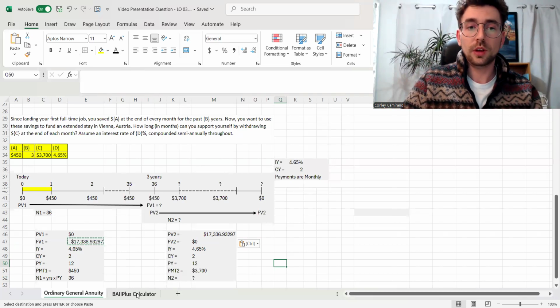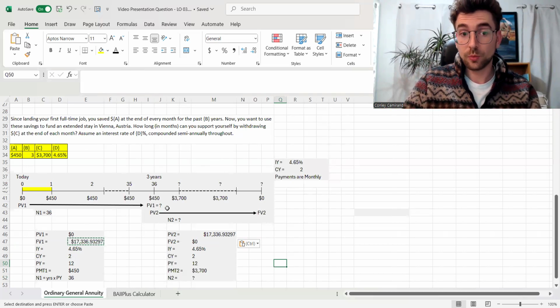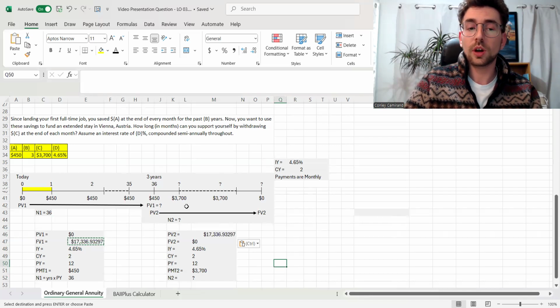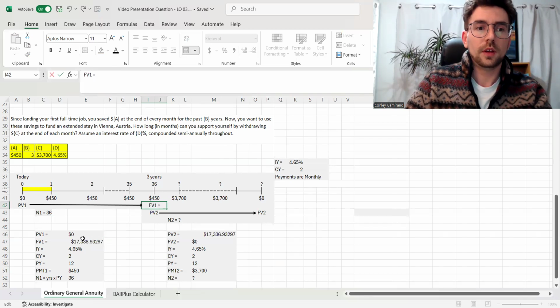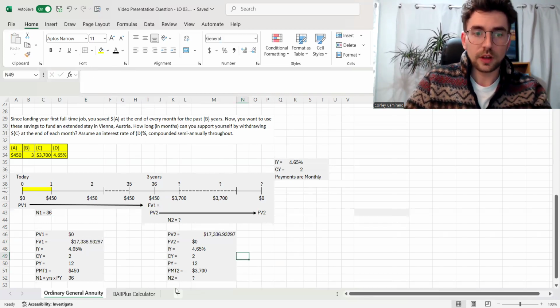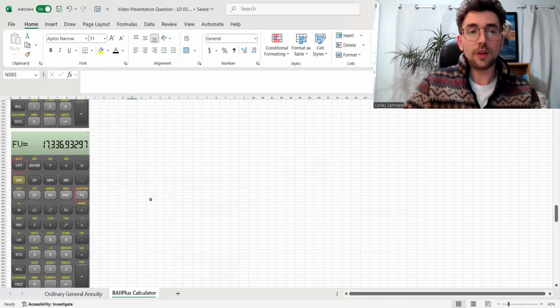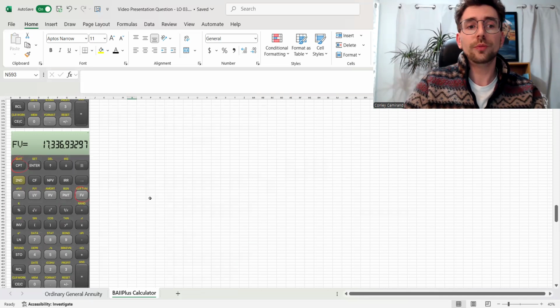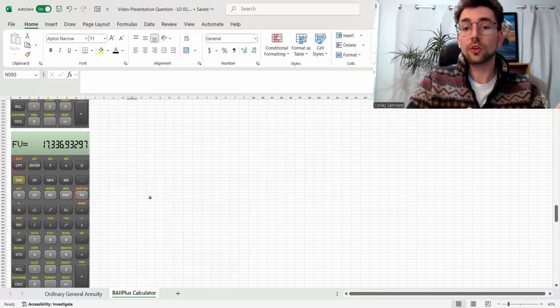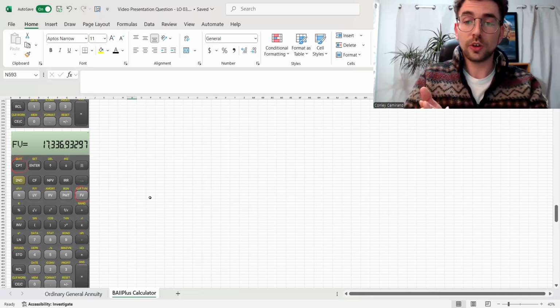So as we continue, so now we have the present value 2. So now we know what it is. We know that the FV is this amount. So now we know exactly what it is. Now we'll continue. So now that we have our future value, we're gonna transfer that as the present value now.